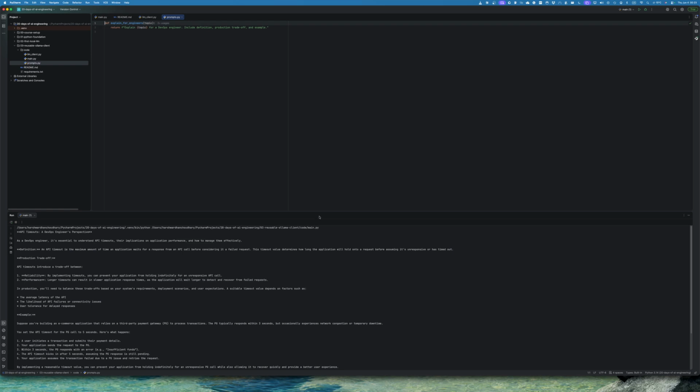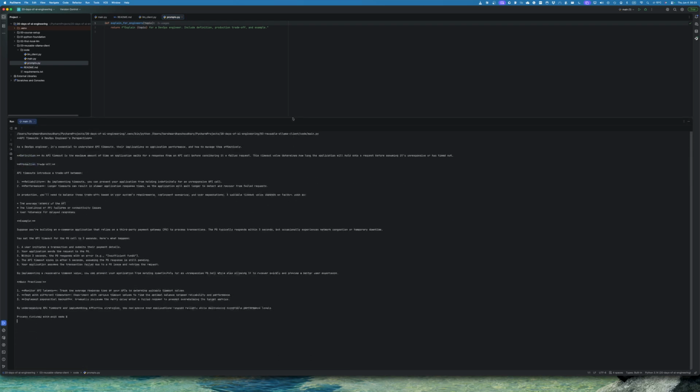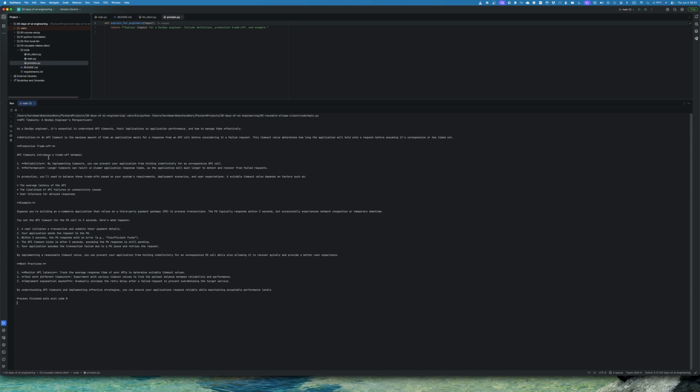API timeouts from a DevOps engineer's perspective, and we asked it to give us a format including definition, production trade-off, and example. So definition one-liner, production trade-off, and example. Okay, which is nice.